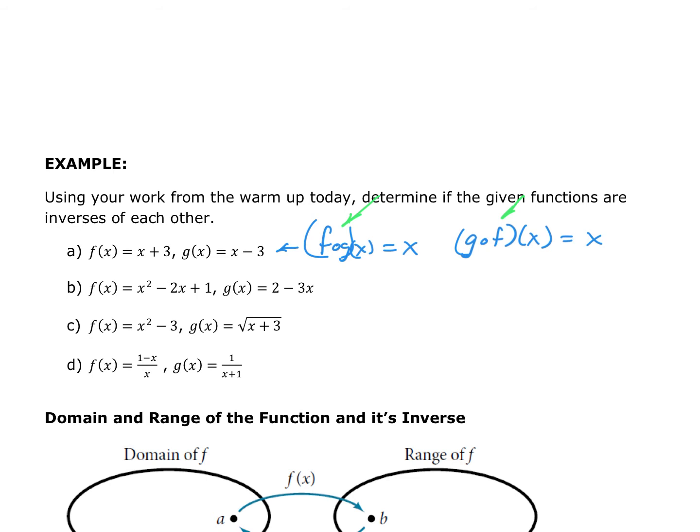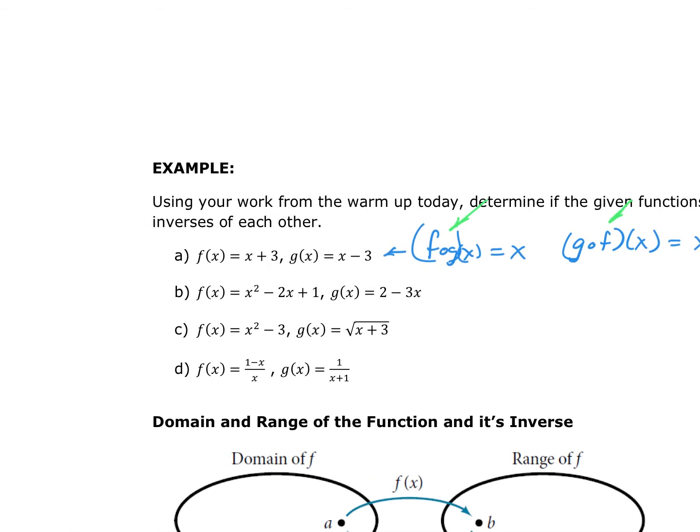Because they both equaled x, just strictly x, then these are inverses of each other. So we say this is true. Now with b, we didn't actually simplify b, but if you were to simplify b, you would find out that these are a no. They are not equal to each other.